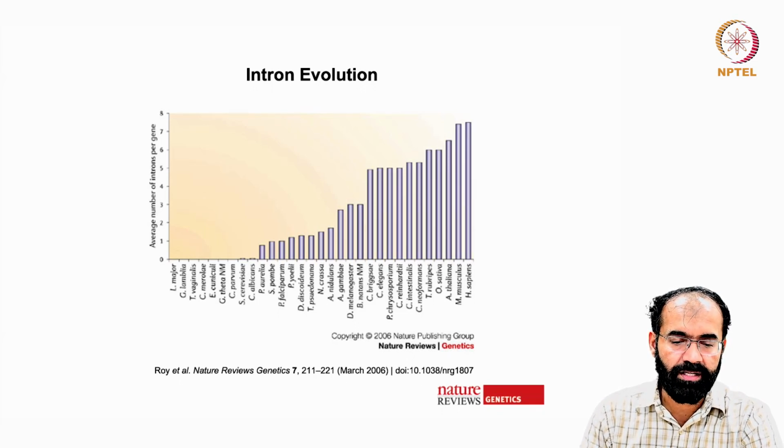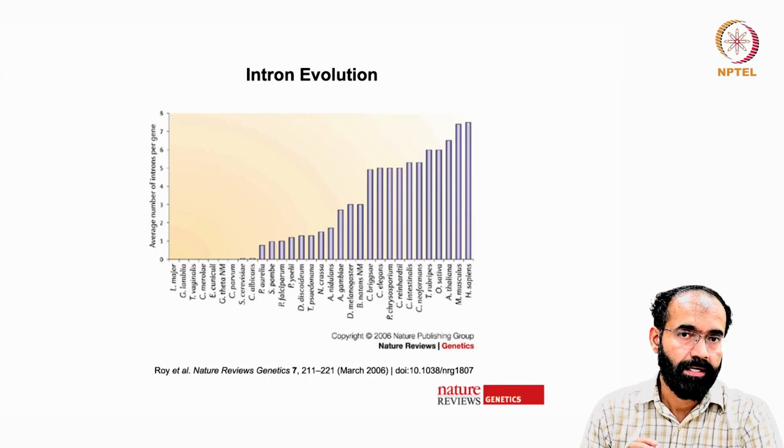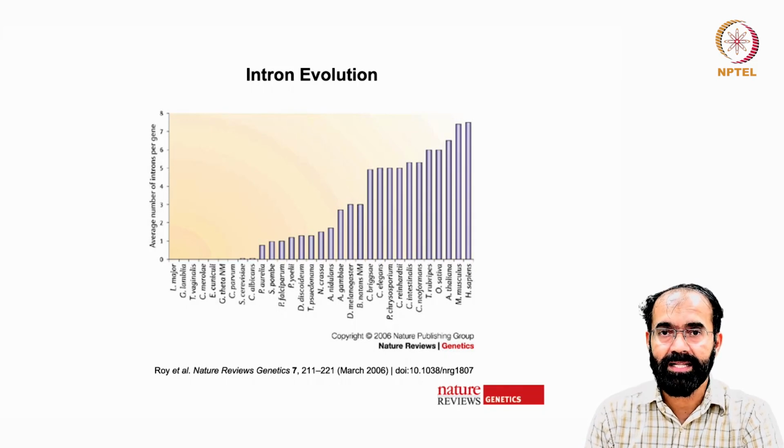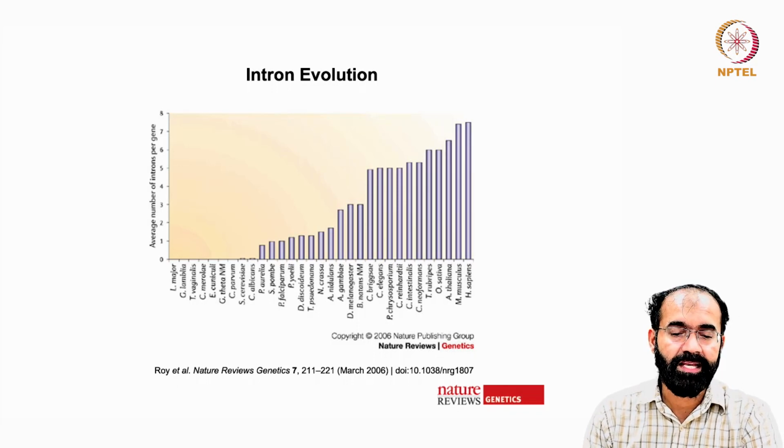And if you see around here, some 1.5 to 2, around this yeast, these unicellular eukaryotes do not normally have that many introns per gene, but introns are there, not that many. This is, of course, an average number.